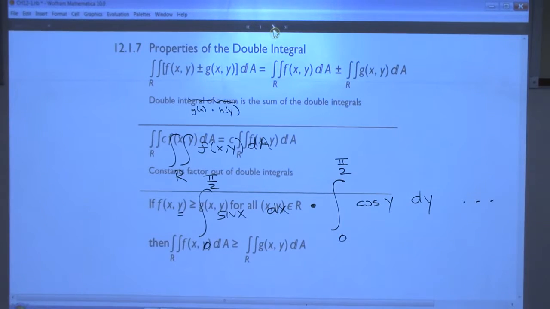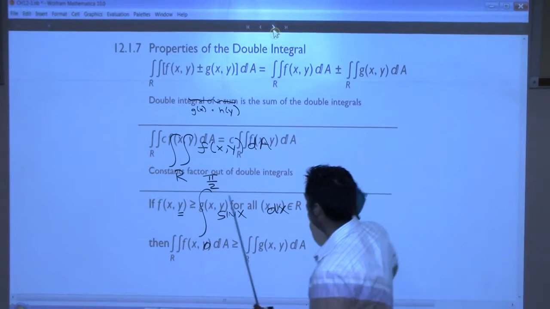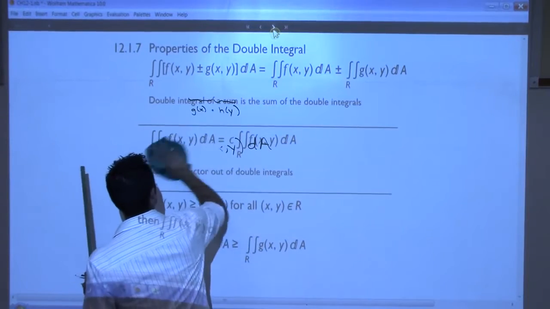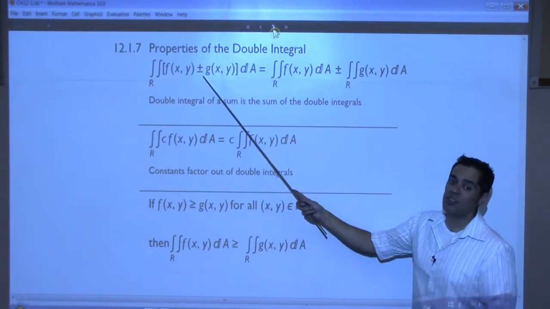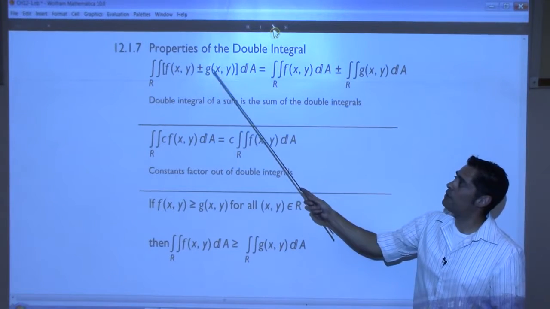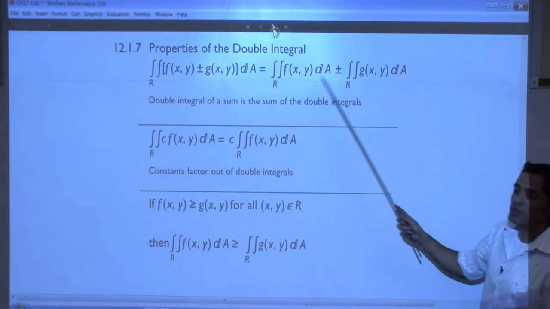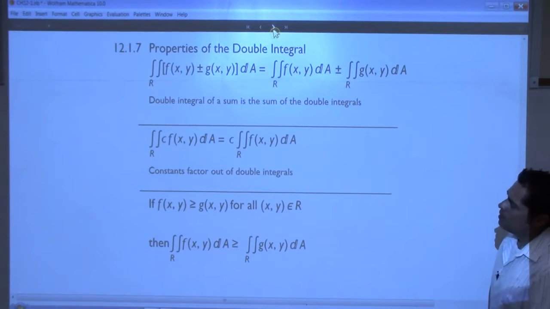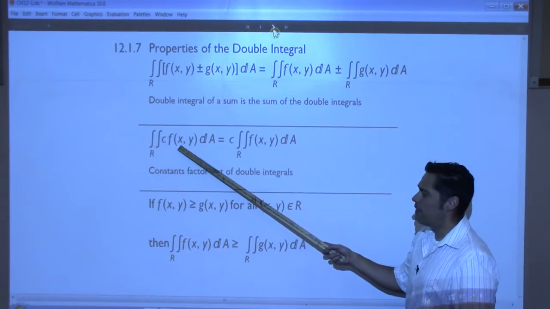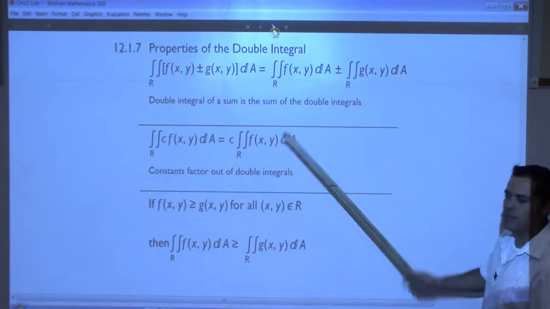All right, a couple of properties of double integrals. These are going to seem very similar to things you saw with regular integrals back in Cal 2. If you have the sum or difference of two different functions of x and y, you can split it up into two different double integrals, as long as it's plus or minus. If you have a constant in front of a function of two variables, you can pull the constant out.